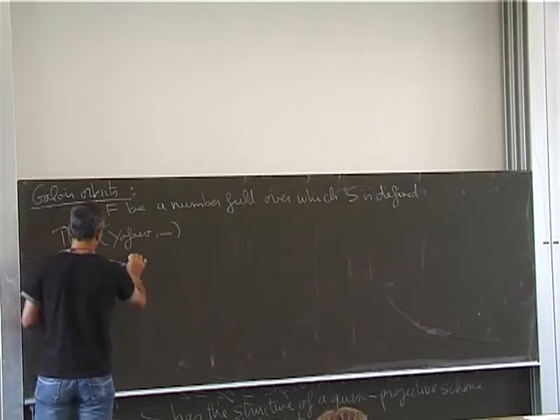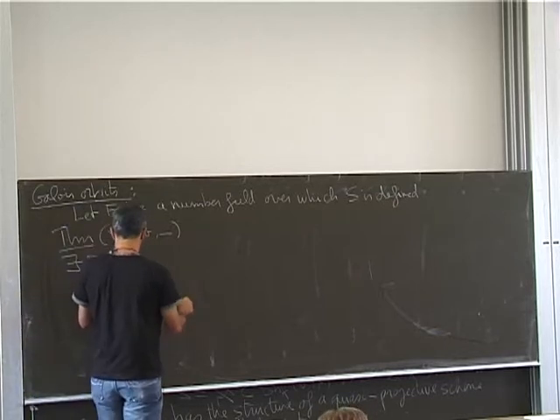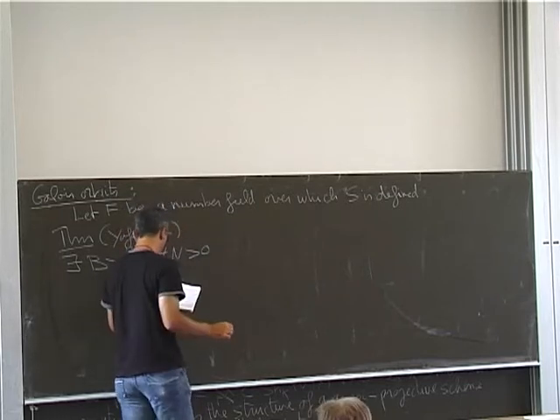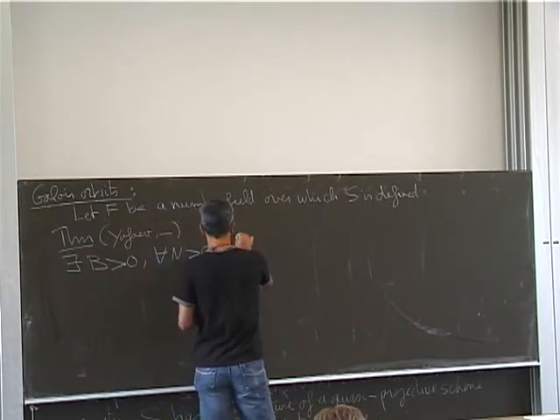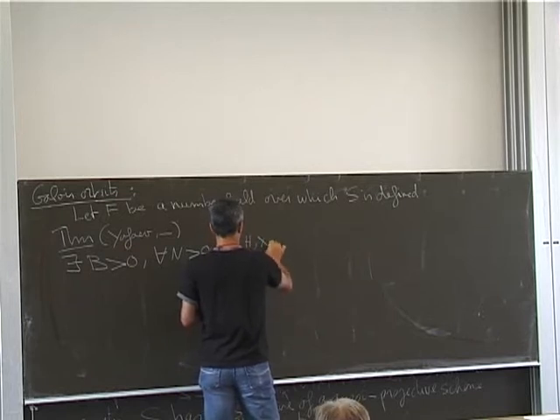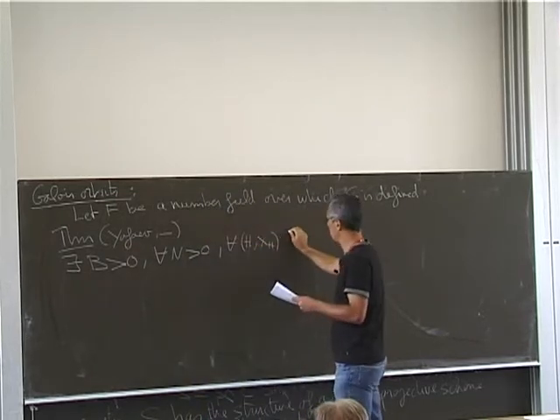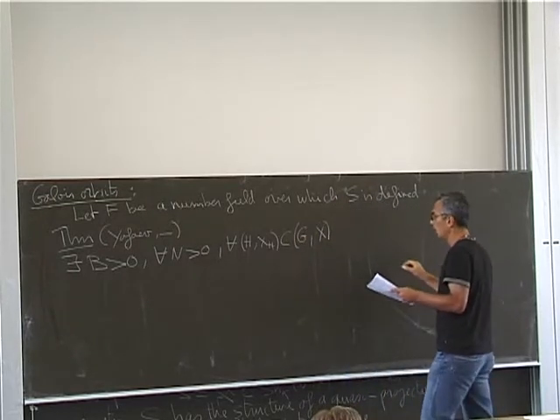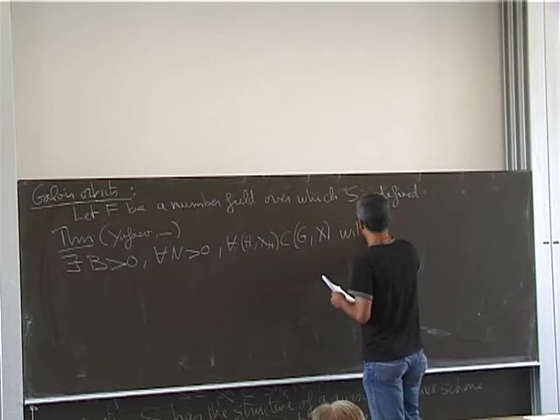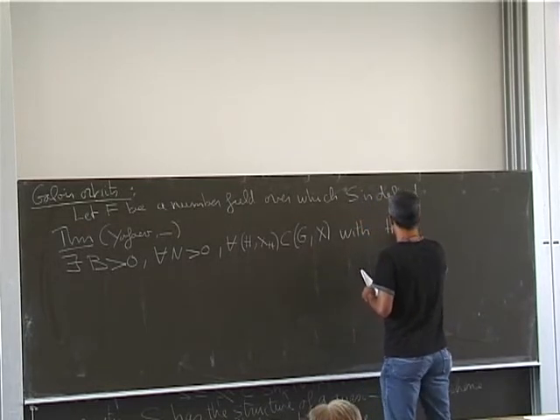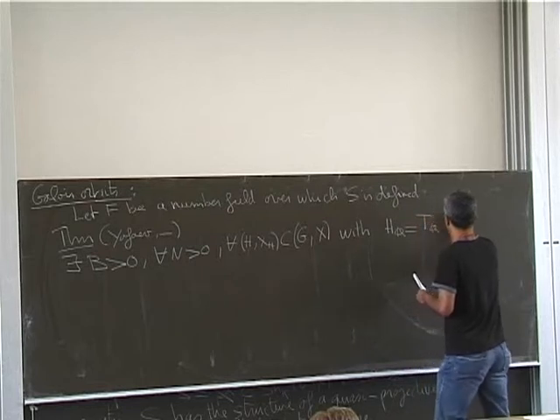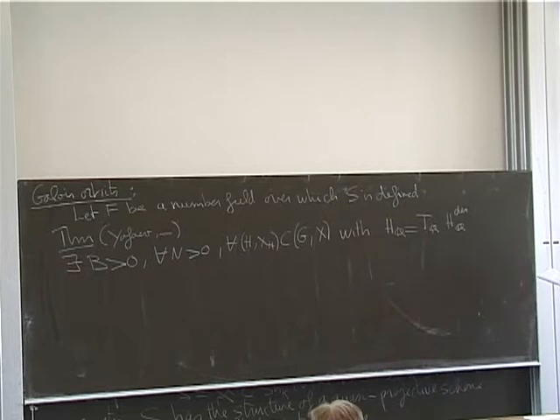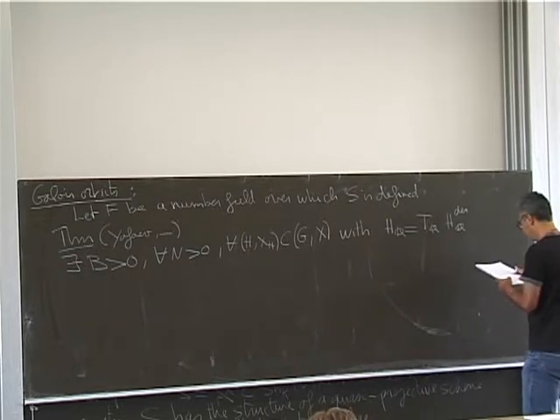There exists a B strictly positive, and such that for all n positive, and for all HXH, a sub-Shimura datum of GX. Right, so I just write the decomposition of HQ as a semi-direct product.